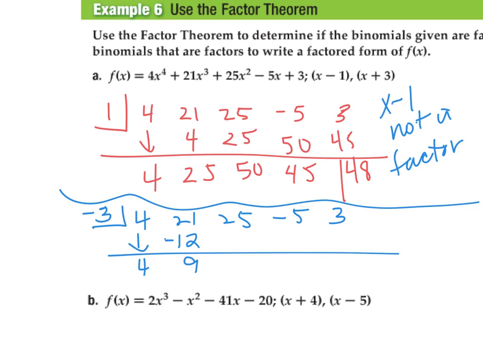And when you add those together, you get 9. -3 times 9 is -27. Add those for -2. -3 times -2 is 6. That sum is 1, and -3 times 1 is -3. And that gives me a sum of 0. So that tells me that x plus 3 is actually a factor.